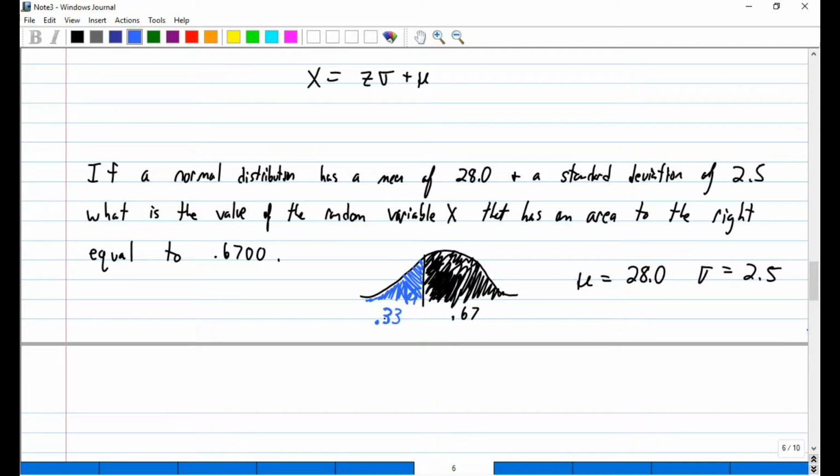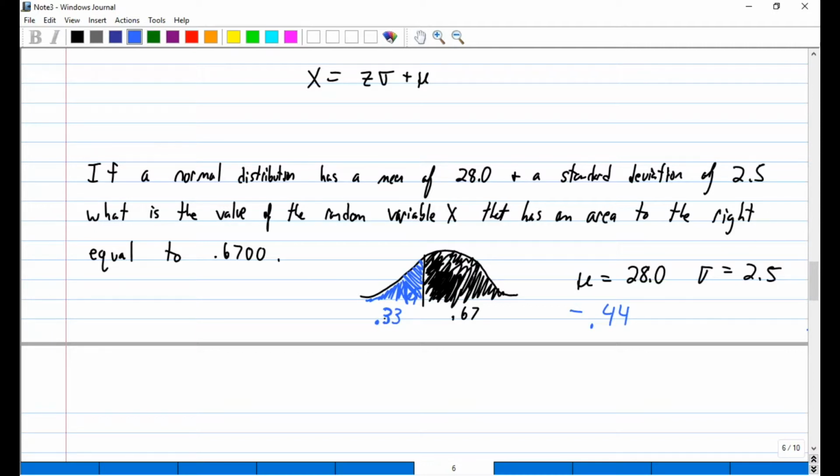If I look on the negative side, and we're looking at the numbers that are 0, point, and then 4 digits, the area numbers, we're trying to get as close to 0.33 as possible. So I see 0.3300. Look in the table, this is table A, until you see 0.3300. Now, what is the z-score that corresponds to it? Negative 0.44.